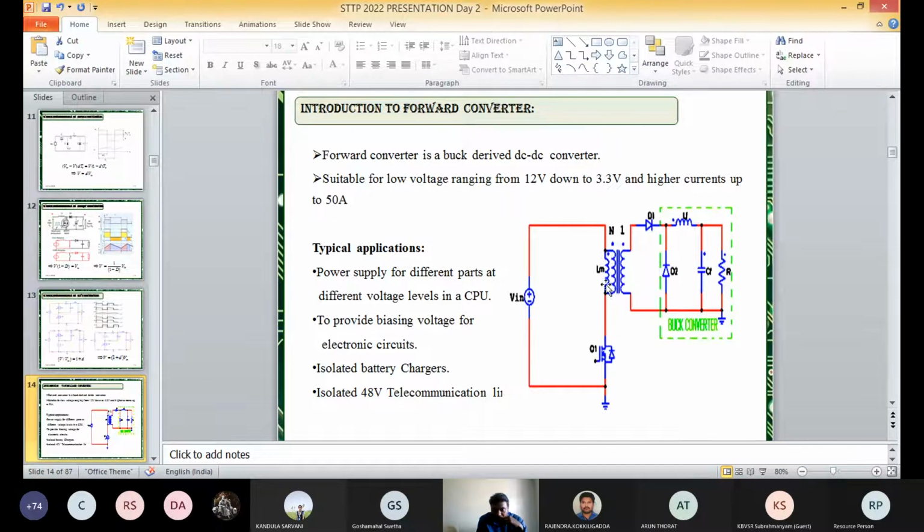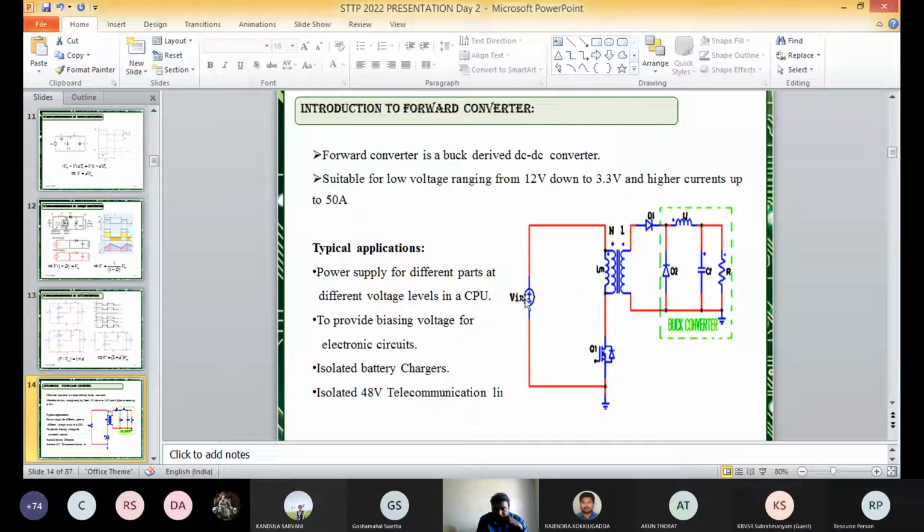For the purpose of isolation, we use a pulse transformer and give the DC input. The problem with the transformer is that in the case of AC it works because we get alternating current at the input, so there is no problem with magnetic saturation.